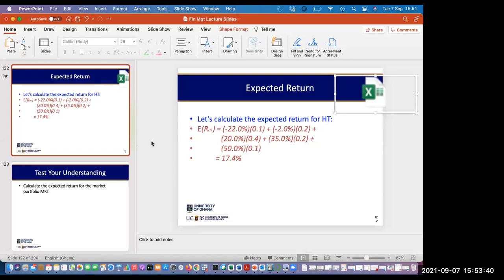No, sir, not yet. Okay, so just open the slides. Go to slide 122. There's an Excel icon, and then just click on the Excel icon. I clicked on it, but mine is not.